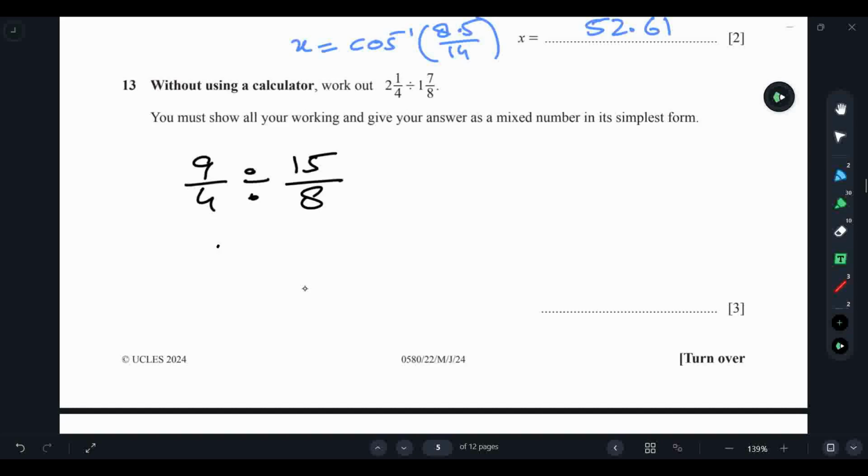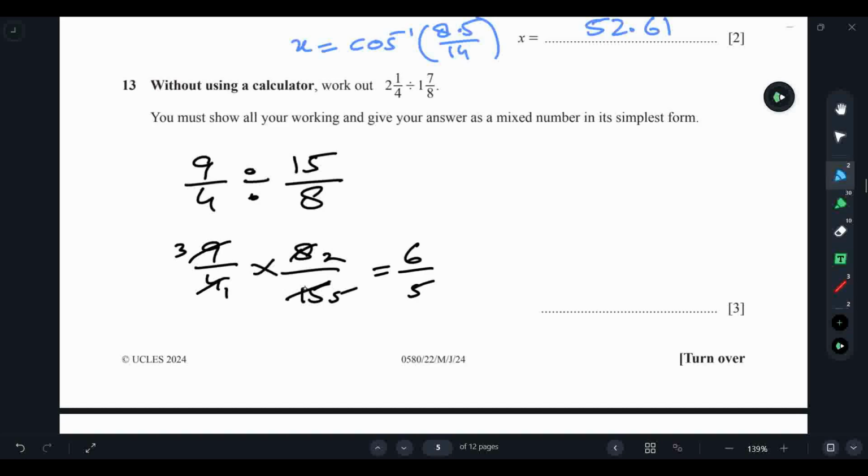Now we know that if we change the sign from divide to multiply, we need to change to the reciprocal over here. So we can cancel out: 4 1s are 4, 2s are 8, and then 3 3s are, and 3 5s are. So the answer will be 3 2s are 6 by 5.